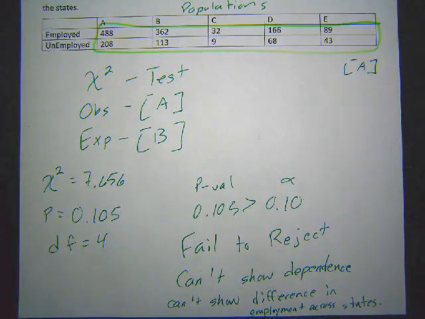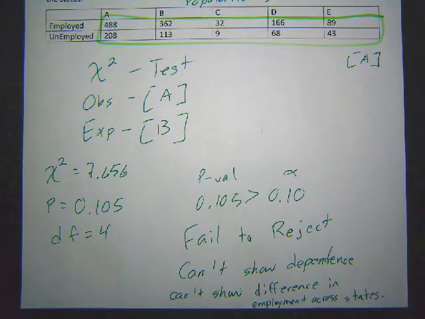So if I was trying to show that some states had lower or higher employment, I wasn't able to show that. There's not a significant difference from one population to the next on employed versus unemployed. They're too similar, so I wasn't able to show that.